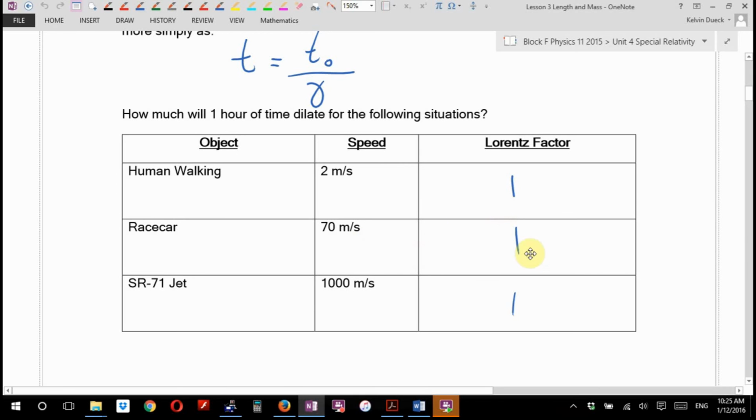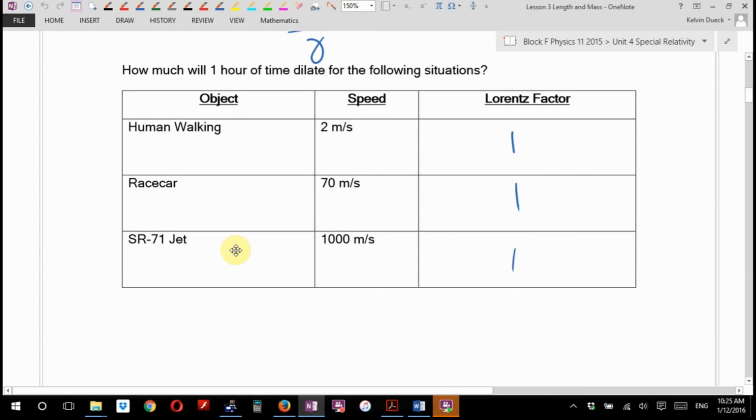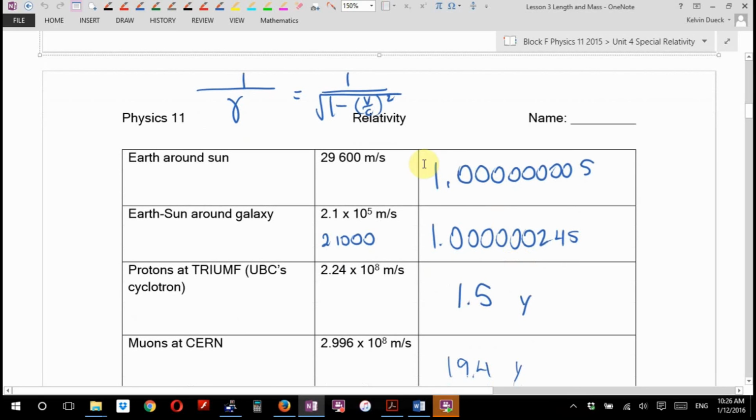Even for a race car it wasn't noticeable, even for an SR-71 jet fighter it wasn't noticeable. It is slightly noticeable because the Earth moves around the sun pretty fast. The sun has time moving slightly slower than us. 1 second for us is 1.08 zeros and a 5 seconds on the sun, which is good. It means the sun will last slightly longer, which we kind of want, because when it goes, we're dead.